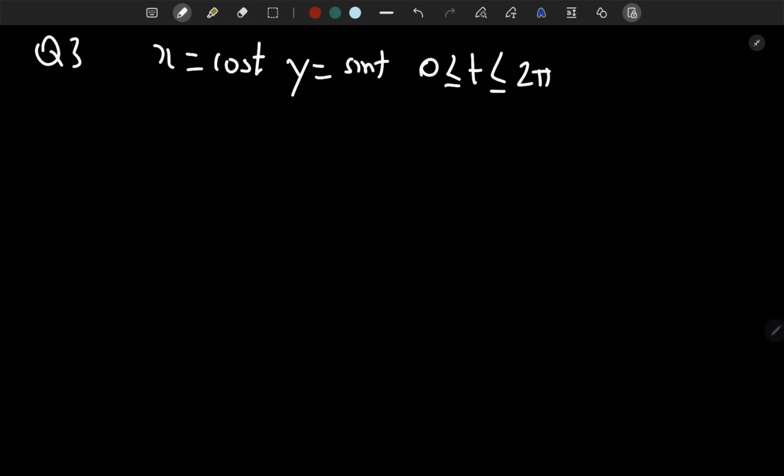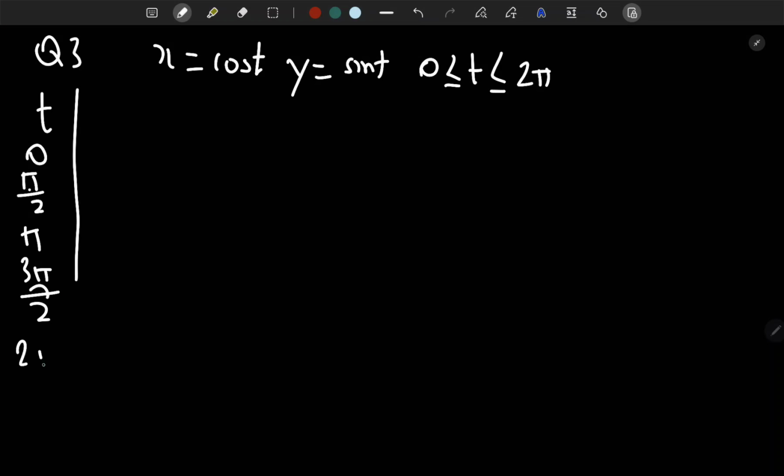So now let's again take test points for t, x and y. So when t is, it has to be, remember, 0 to 2 pi, right? So we can only take 0, pi over 2, and then pi, 3 pi over 2, and then we can take 2 pi.